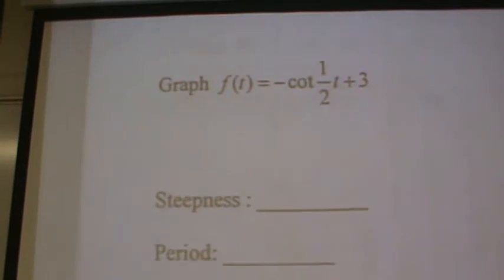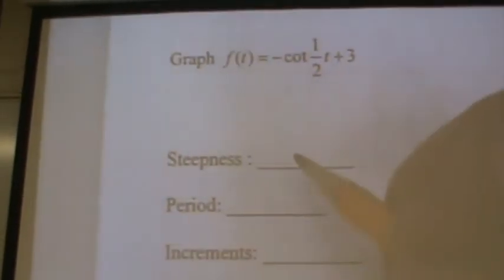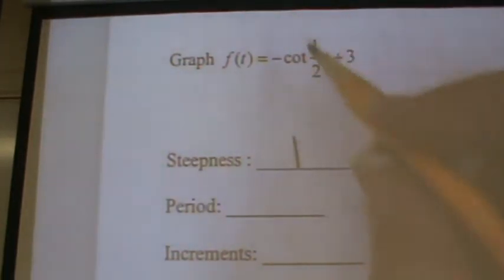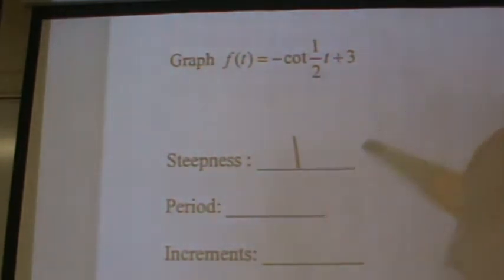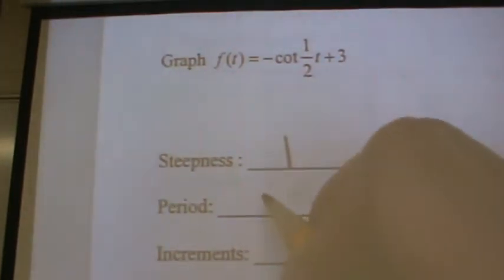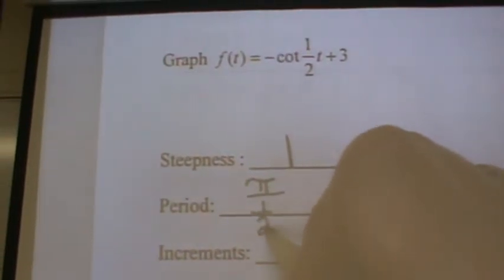Cotangent. What's the steepness on this one? You don't say -1, it's just 1. Steepness is a positive, it's like, how long is this room? You wouldn't say -1, it's always a positive number. Your period, you're gonna take pi, and you're gonna divide it by 1/2.